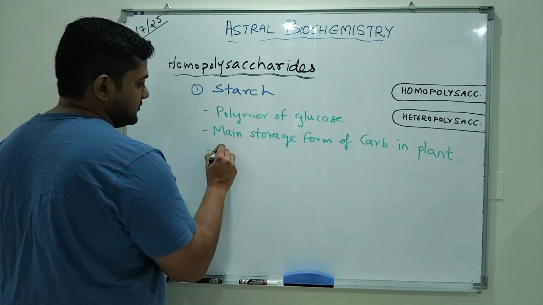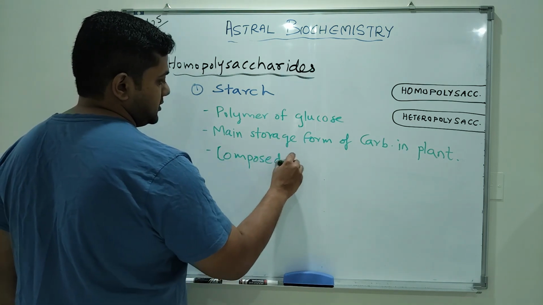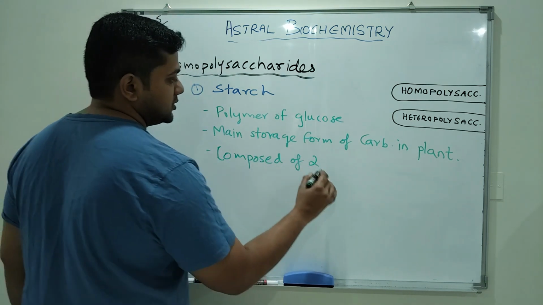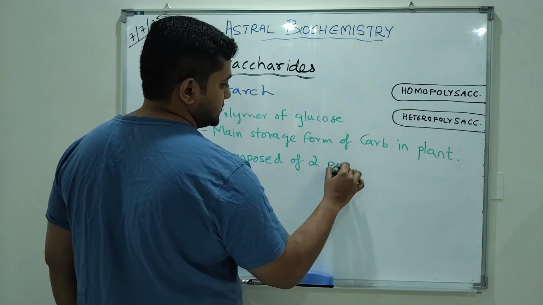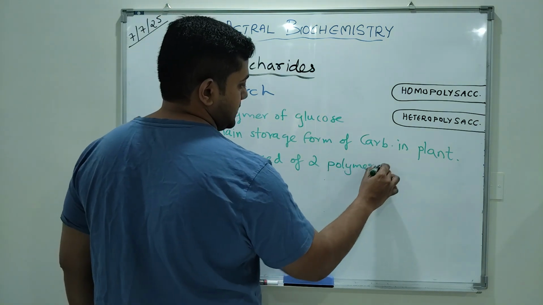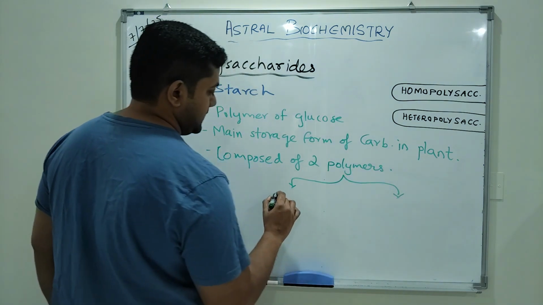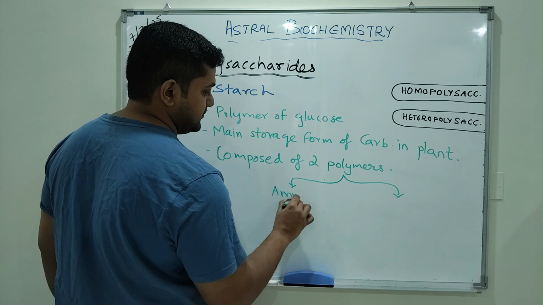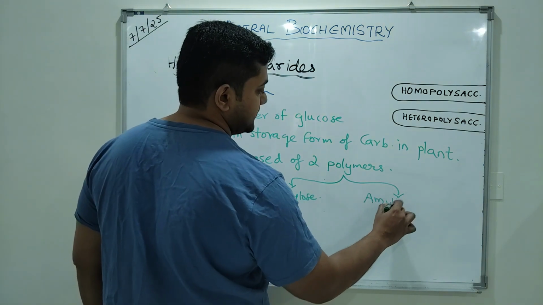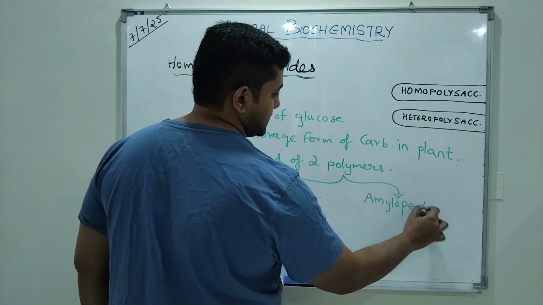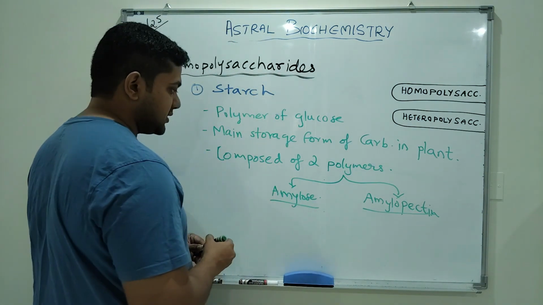Now another point regarding starch is that it is mainly composed of two polymers: one is amylose and the other one is amylopectin. These two combine to form starch. So we'll see what the points are under amylose and amylopectin.